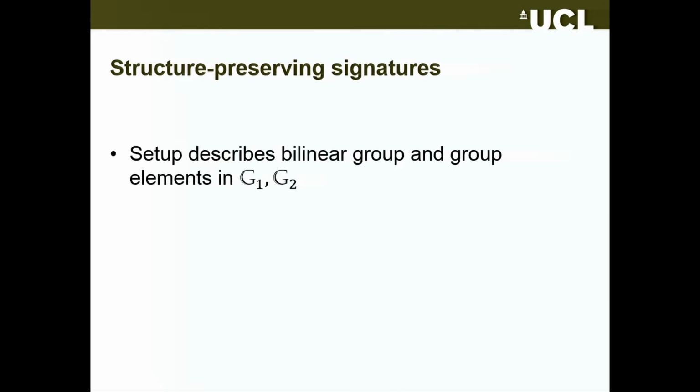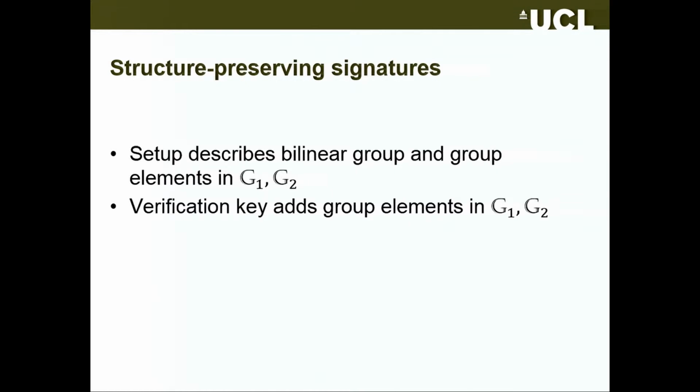Okay. So what are structure preserving signatures? And now we're looking at signatures. What do they look like when they're structure preserving? Well, there's a setup that describes a bilinear group. And then everything has to be group elements in the source groups, okay? So the verification key would be some group elements in the source groups.